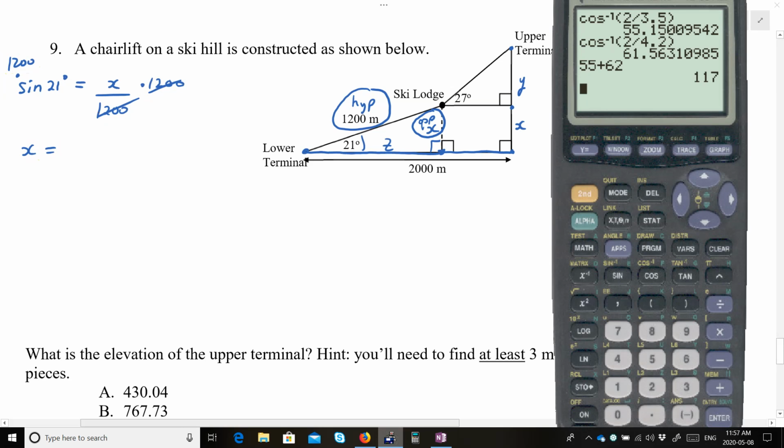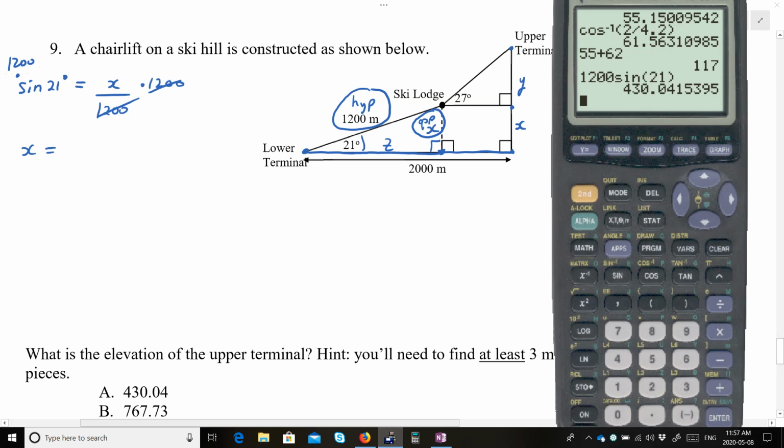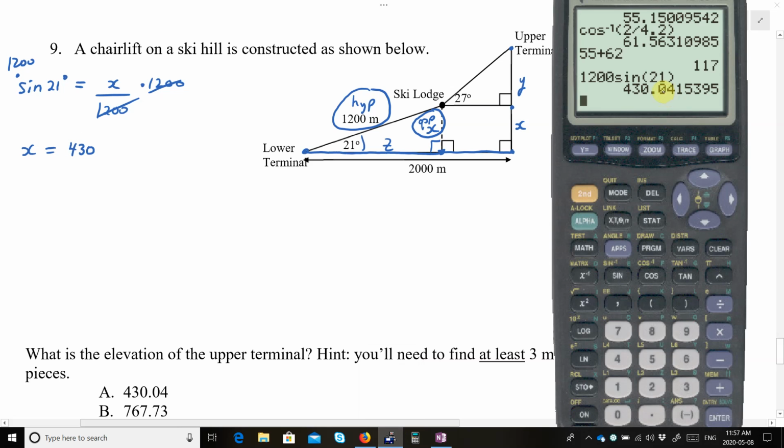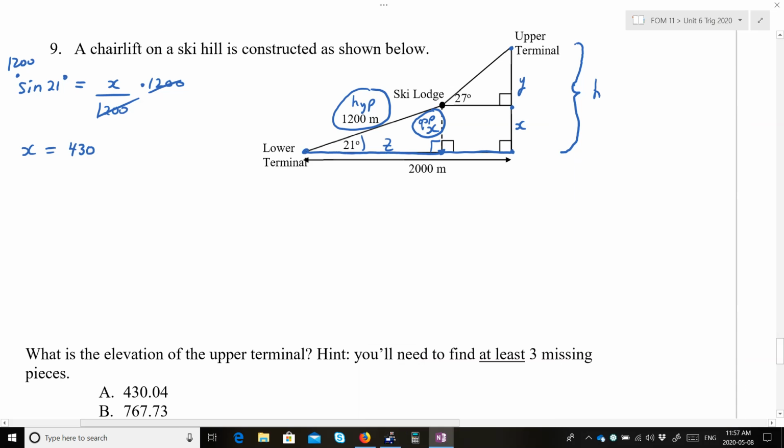And so X is going to equal 1200 times sine 21, which is 430. So there's x. So that means this is 430, and this is 430.